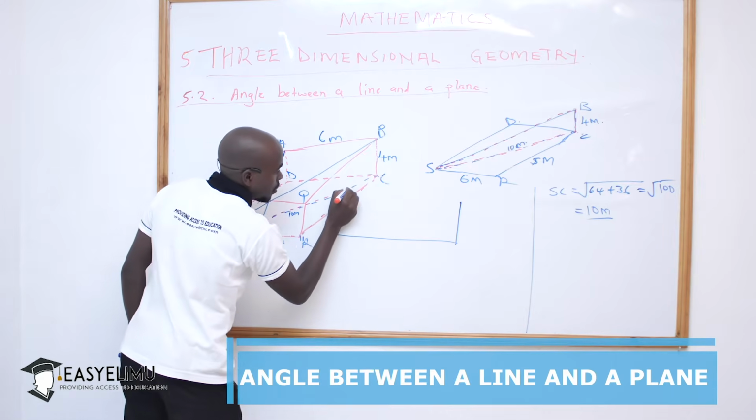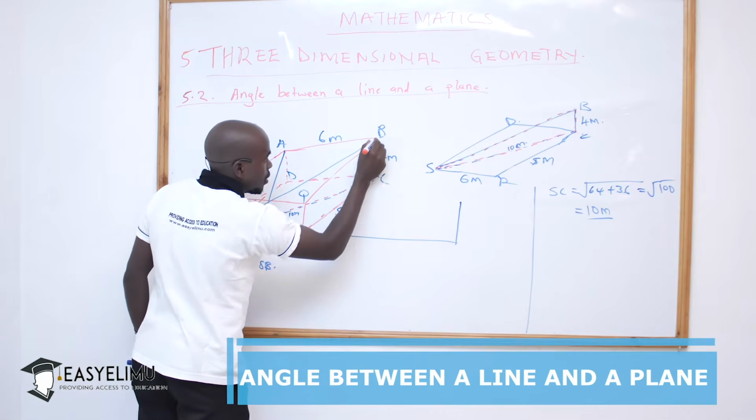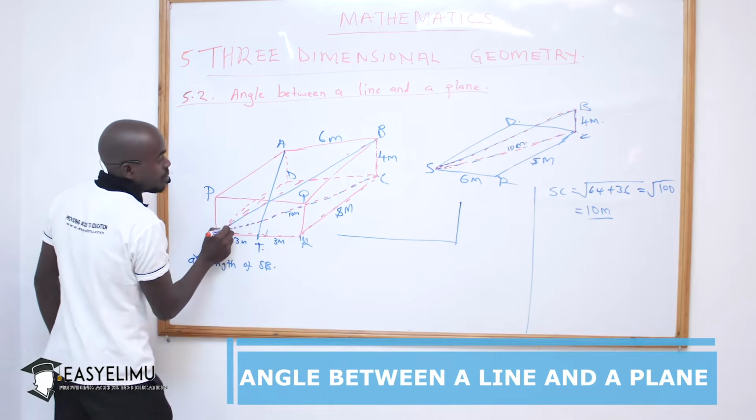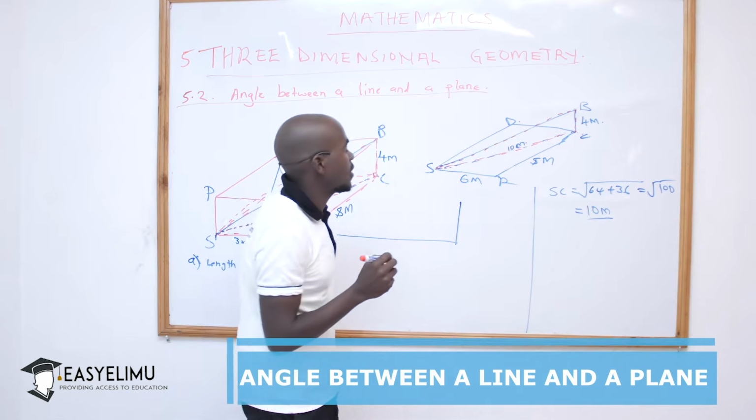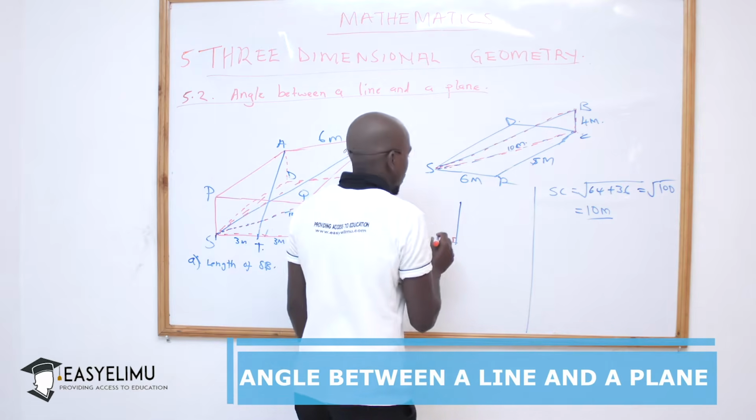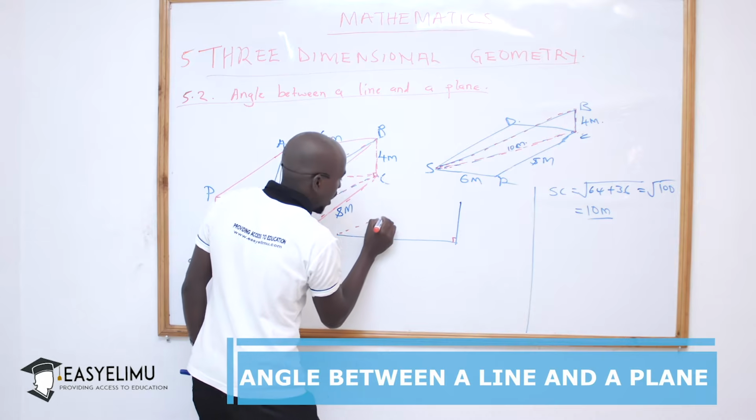And if I cut, I will find here is always 90 degrees. So here is 90 degrees from the deduction of a rectangle.